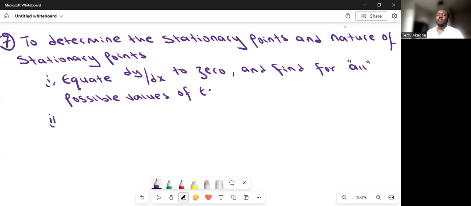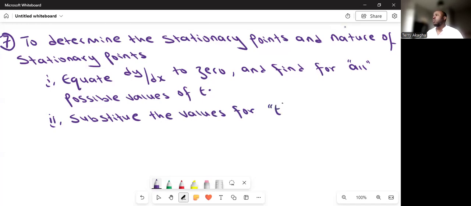When you're done with that, the next thing is that you substitute the values for t into the original equation.